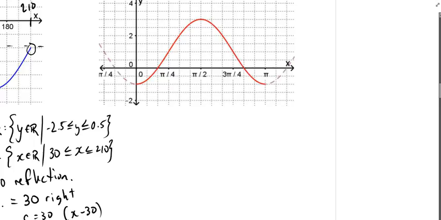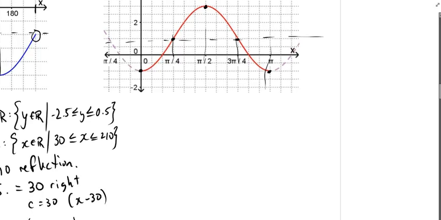Okay, for everybody it might be a bit different. I would start looking for the points. I counted 1, 2, 3 to get to this point, 1, 2, 3 to get to this point, 3 to get there, and 3 to get there. So I found all my points. There's my zero line. That's my vertical translation.